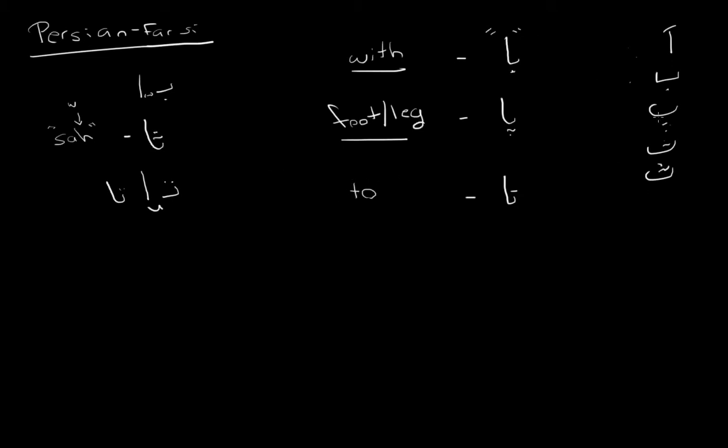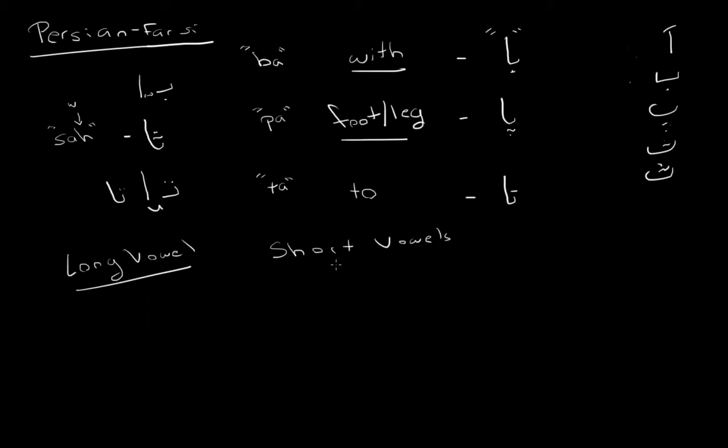Okay, so out of these 5 letters, we created 3 words. We created ba, we created pa, and we created ta. You notice the pattern? This aleph sound is a long vowel. Now there's a very apparent difference between long and short vowels in Farsi.